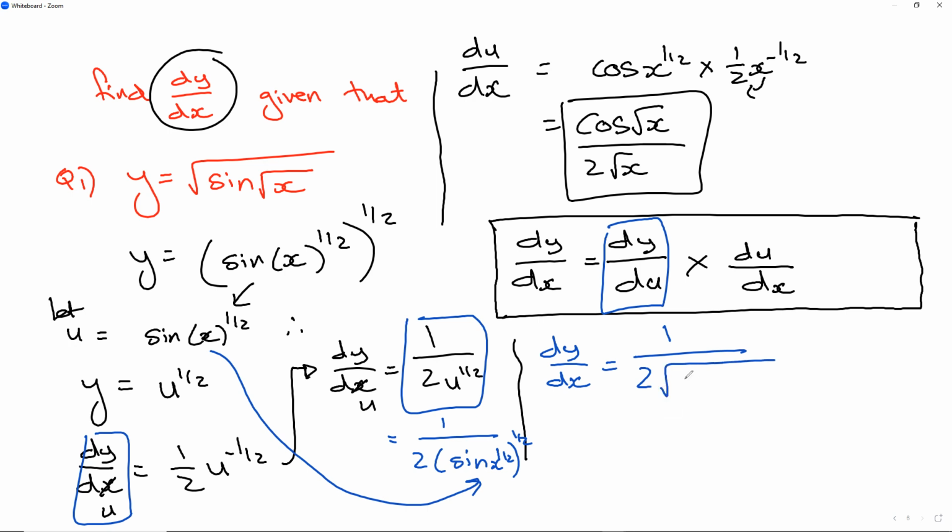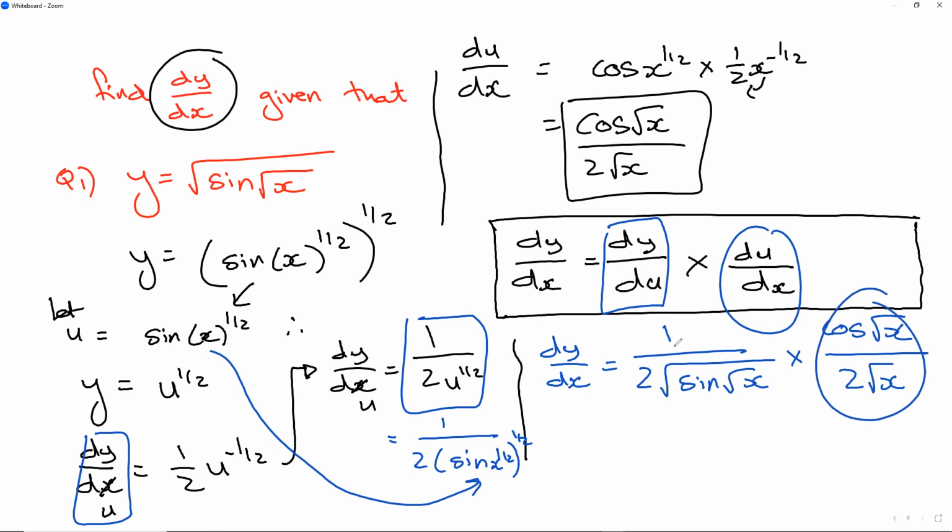So I've got the square root of sine the square root of x over there, and on this side multiplying by du/dx, which is simply cos root x divided by 2 root x, like that. Because that is du/dx, and that is dy/du.